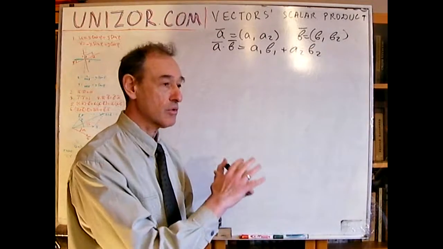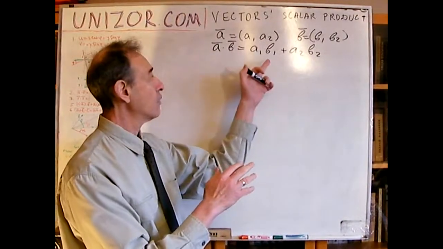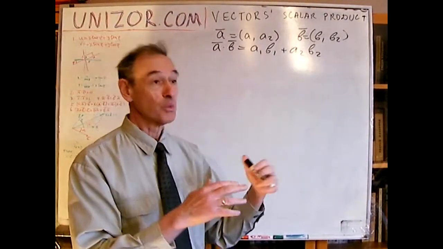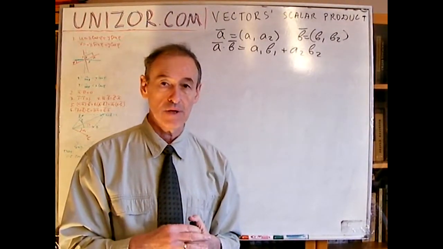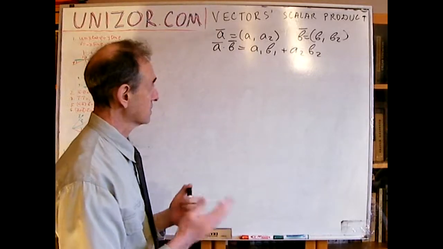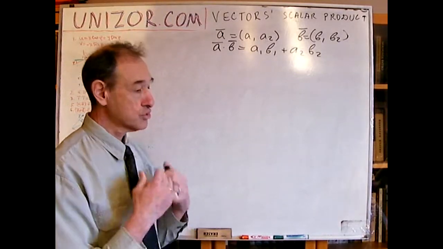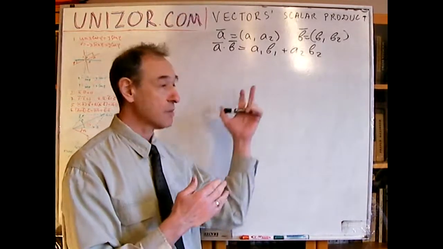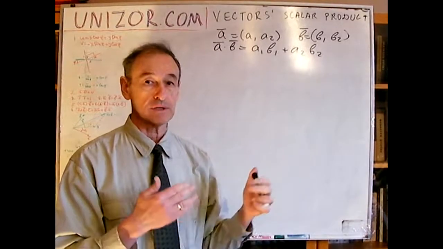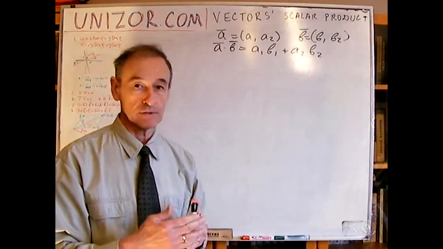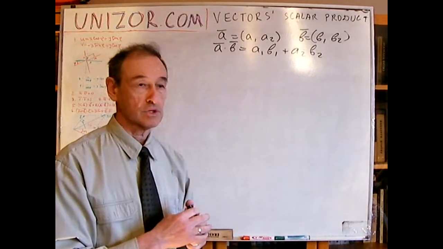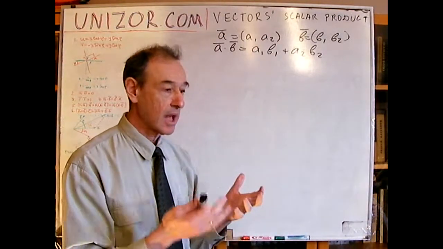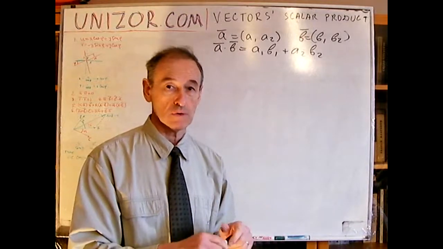After we rotate the coordinates, A1, A2, B1, and B2 will change, but the formula will result in exactly the same number. Now, to demonstrate that the scalar product is actually invariant to rotation, which means it doesn't really change, let's examine how the rotation actually changes the coordinates.